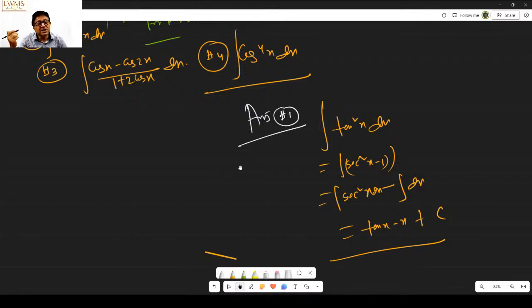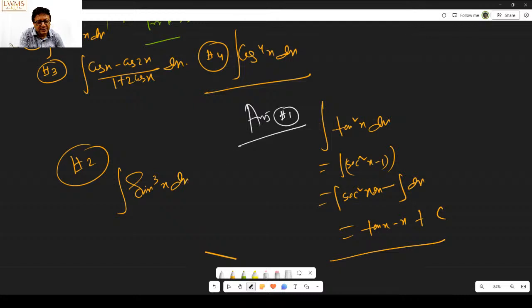Let us start the second one. sin cube x dx. How to proceed? Many ways are there. One common method is to use the plus 11 formula. sin 3x. You have seen 3 sin x.